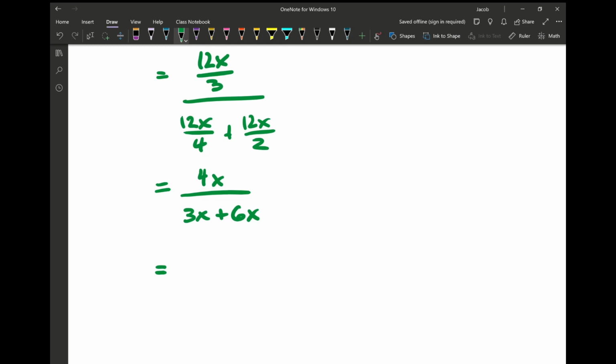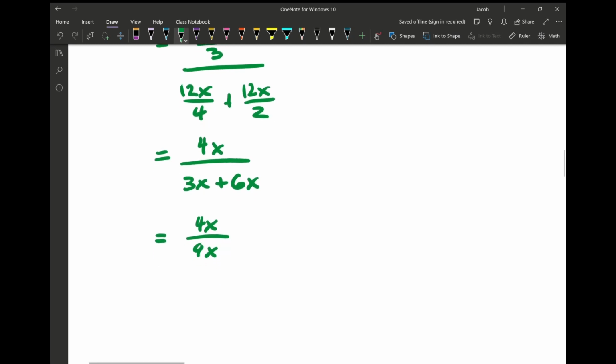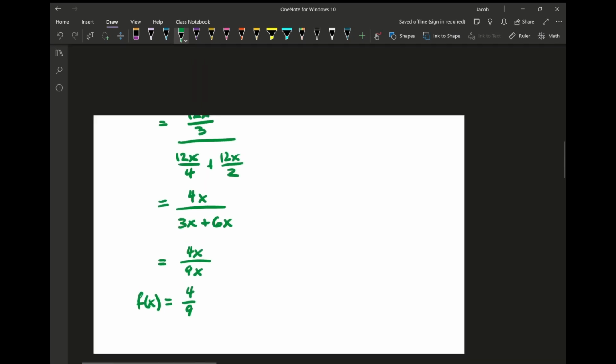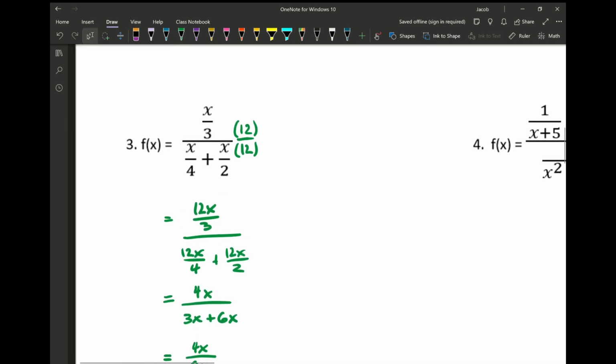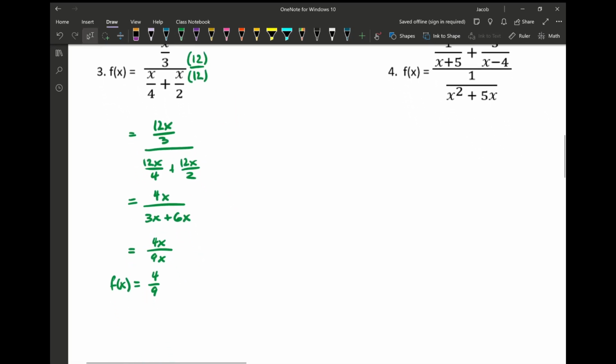We'll have 4x over 9x, and the result will be 4/9. So that's what f of x equals. So it's a pretty simple linear function, a horizontal line as a result. That's all that big old complex fraction boiled down to be.